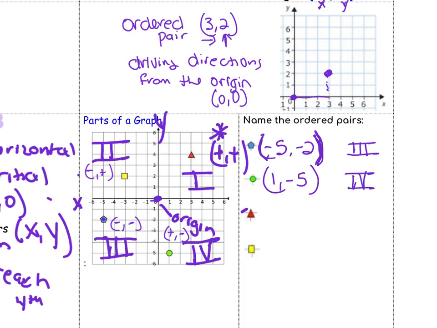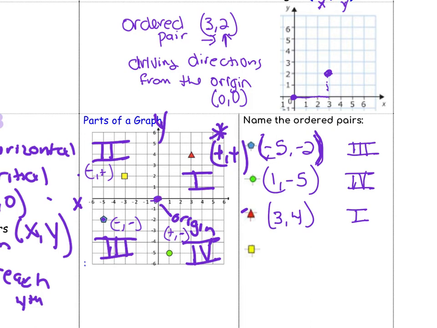The red triangle we get to by going positive 3, up 4. So over 1, 2, 3, and then up to that 4. So we can say it's at 3, 4, always starting at that origin, and it is in quadrant 1. And the yellow square, we have to go over.